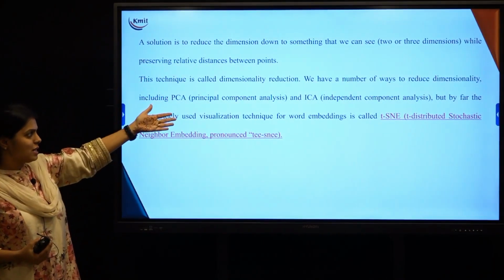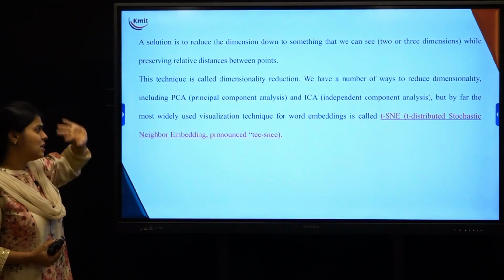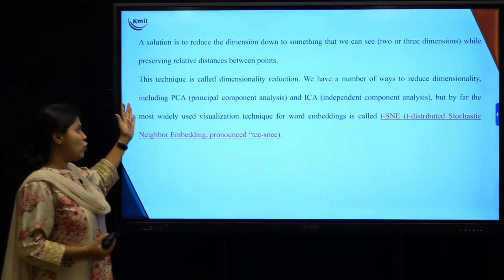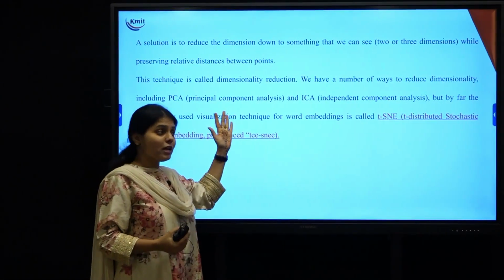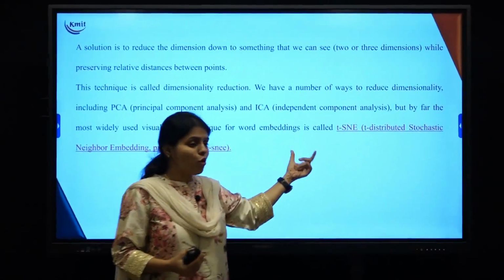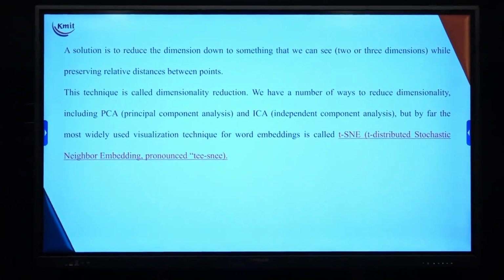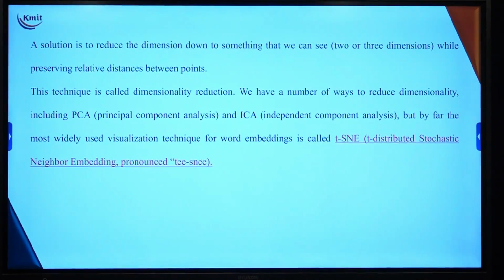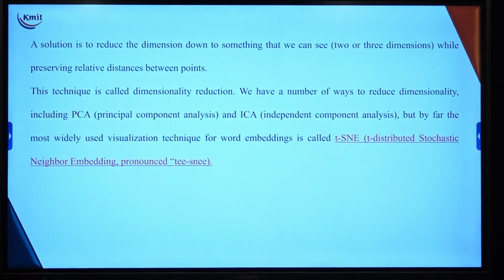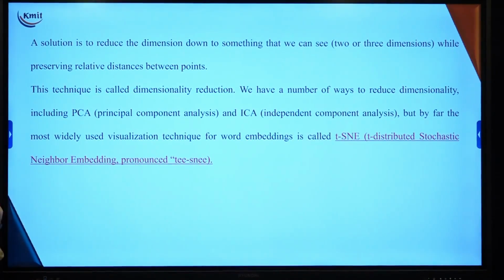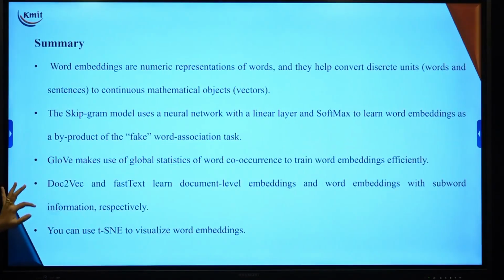We also use ICA, independent component analysis. Apart from this, in the context of NLP, when we talk about word embedding visualization, one of the important techniques is called t-SNE, t-distributed stochastic neighbor embedding. Using t-SNE, we start visualizing the word embeddings.